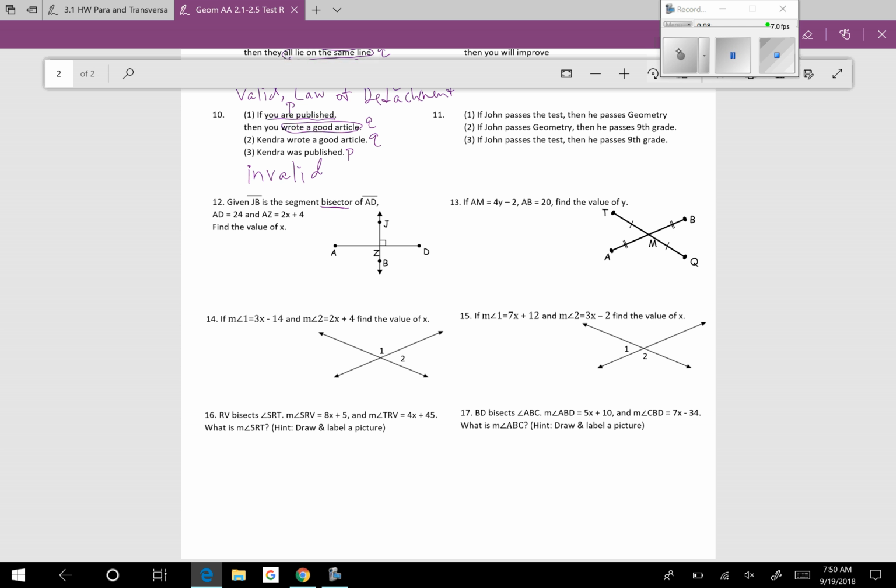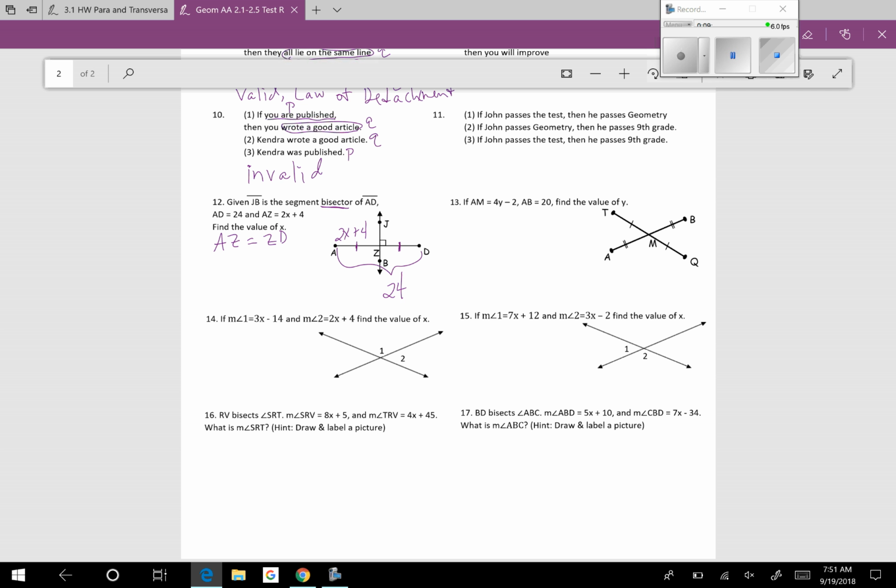So we can mark that AZ and ZD are both congruent, and we should write that AZ is equal to ZD. So we know that those two are equal to each other. And then they tell us that AZ is 2x plus 4, so I'm going to label that 2x plus 4. Guys, labeling is very, very important. You must do that. And then they also tell us that AD, from A to D, is 24.